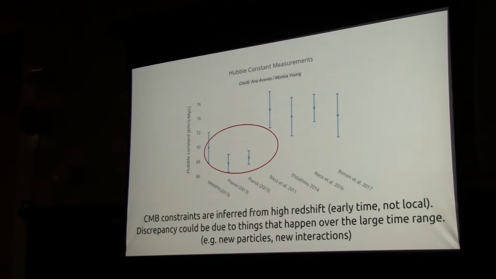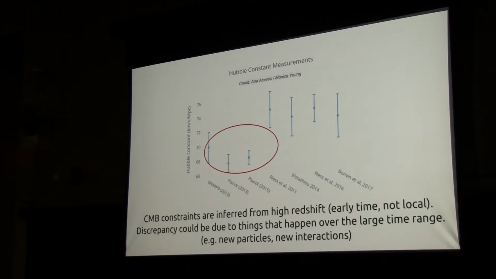So here's another plot showing similar to what we talked about earlier. These are measurements from the CMB by looking at the blob size and getting the redshift from the temperature. WMAP, a precursor satellite experiment that measured the CMB, measured something that was around 70, and Planck has measurements around 67. And here are some supernova measurements that, again, to show you that given these uncertainties, are extremely discrepant.